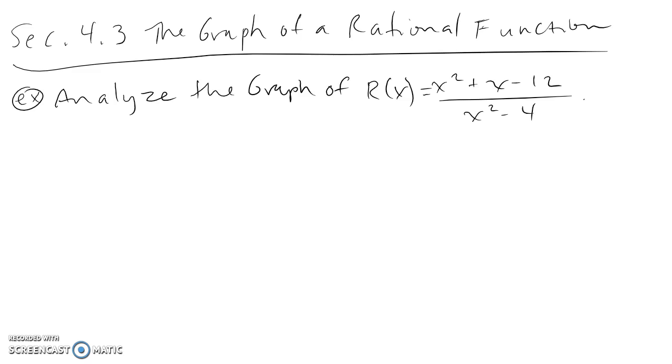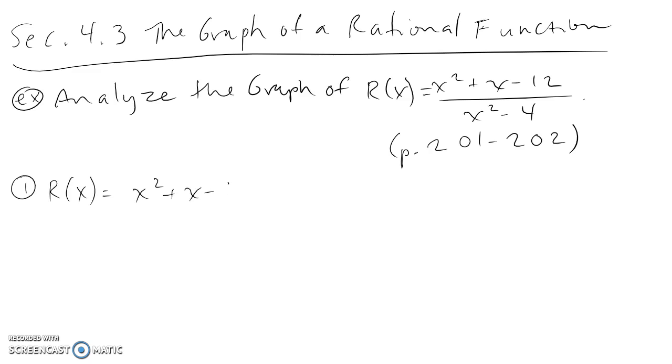Okay. For this I'm going to be using the steps on pages 201 to 202 in our textbook. The very first step is to factor r of x. So the first thing to do is factor.